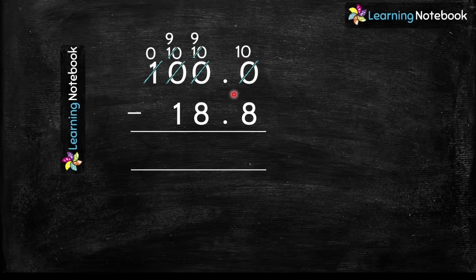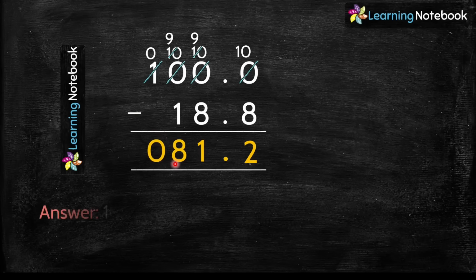So 10 minus 8 equals 2. Then we will put a decimal point, and next we will subtract the whole number part. 9 minus 8 equals 1, and 9 minus 1 equals 8.